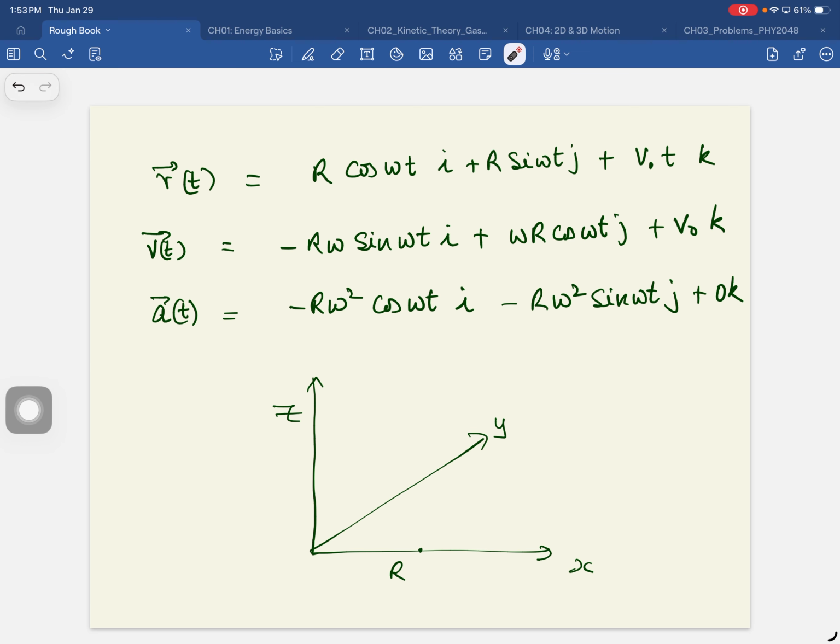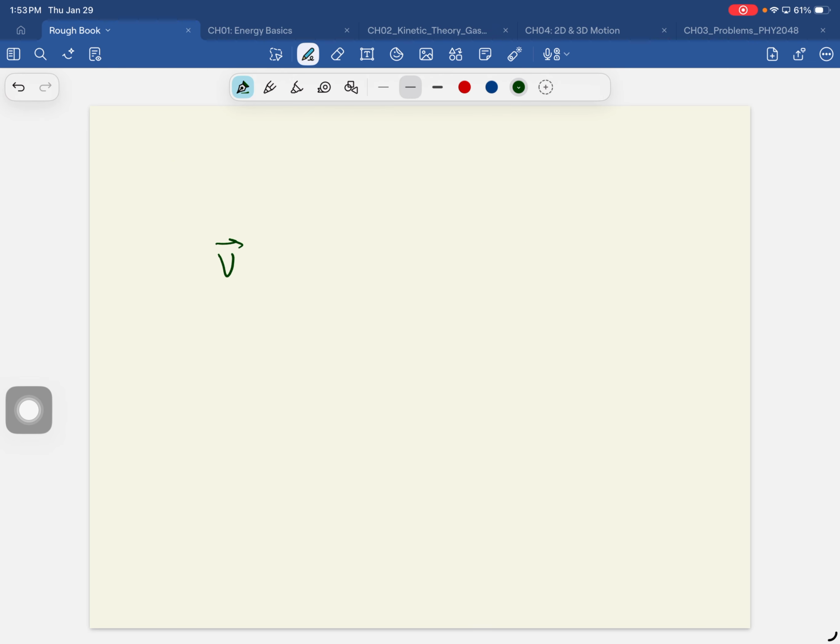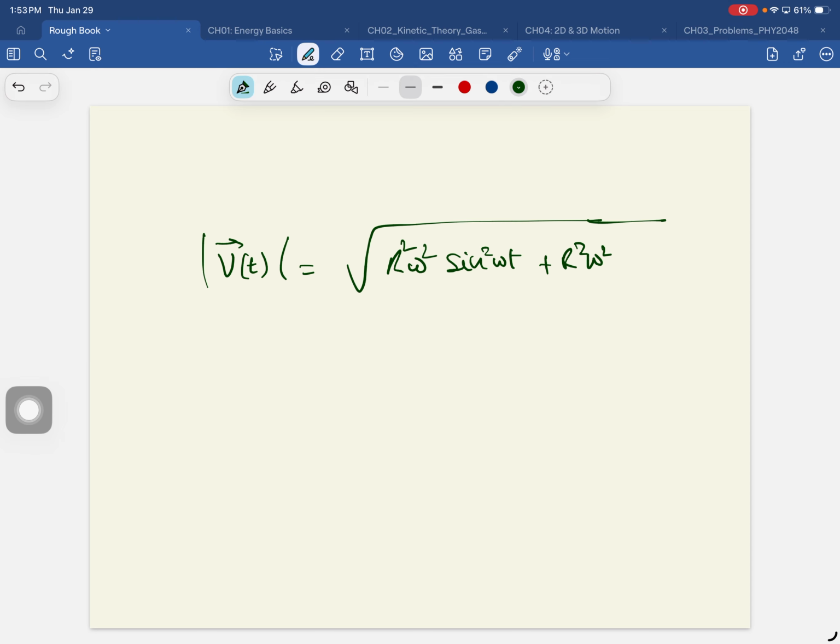So the magnitude of the velocity at any time in our example is the square root of r square omega square sine square omega t plus r square omega square cosine square omega t plus v naught square.